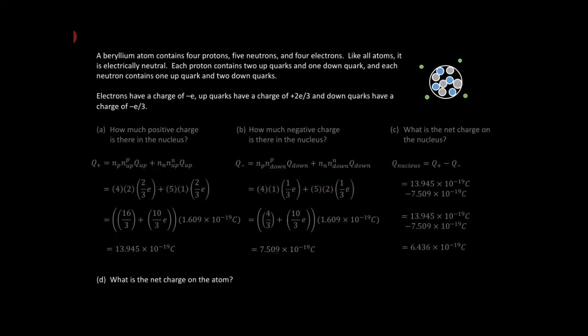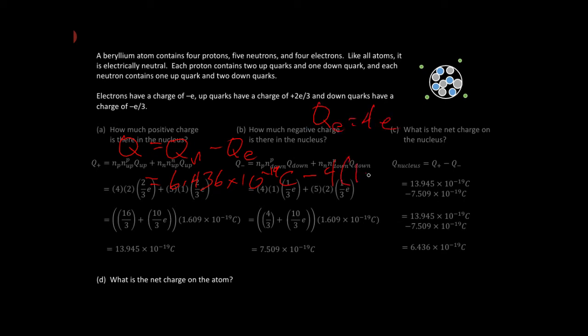Okay, so we're doing pretty good. So then we need the net charge, which is Q, which is going to be Q nucleus minus Q electrons. Q nucleus, we just said, was 6.436 times 10 to the minus 19 coulombs, and then we have to subtract Q electrons, which is 4 times E. So we have 4 electrons, so Q electrons is equal to 4E.